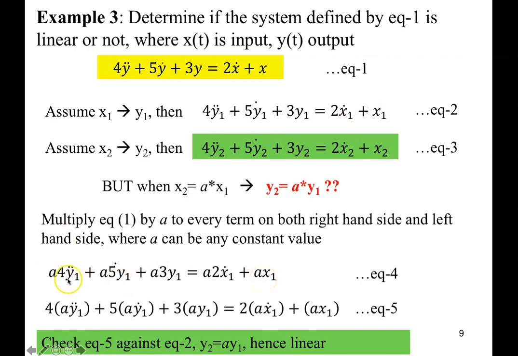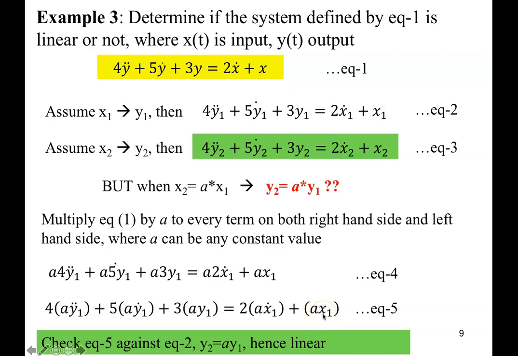Then I take 4 out of bracket, 5 out of bracket, 3 out of bracket, 2 out of bracket. So I get 4 brackets a y1 double dot, plus 5 brackets a y1 dot, plus 3 a y1 equals 2 times a x1 dot plus a x1.